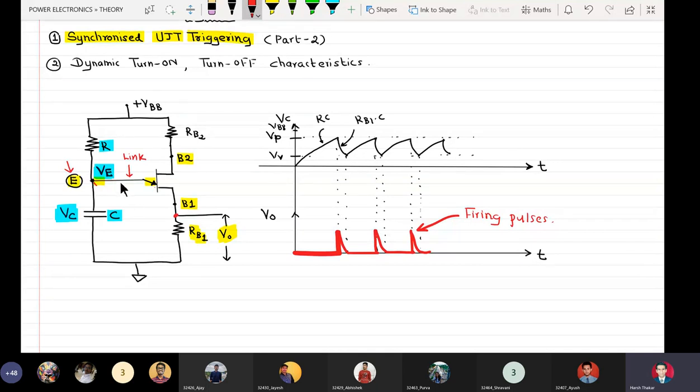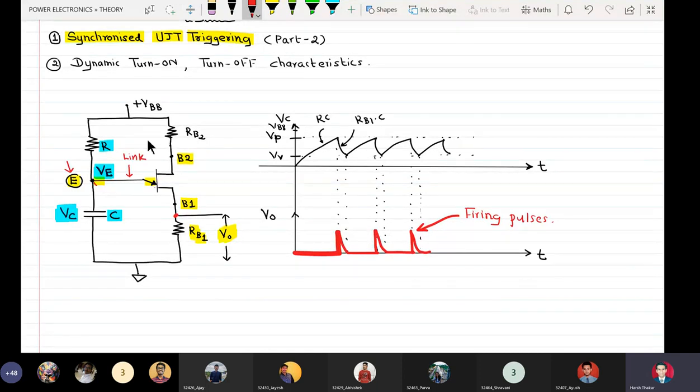When this emitter voltage is greater than a critical value called the peak point voltage, this link acts as a closed circuit, and at that time this capacitor will start discharging from the peak value voltage to ground. On the other hand, when the emitter voltage VE is less than another critical value called the valley point voltage, then this link acts as an open circuit.